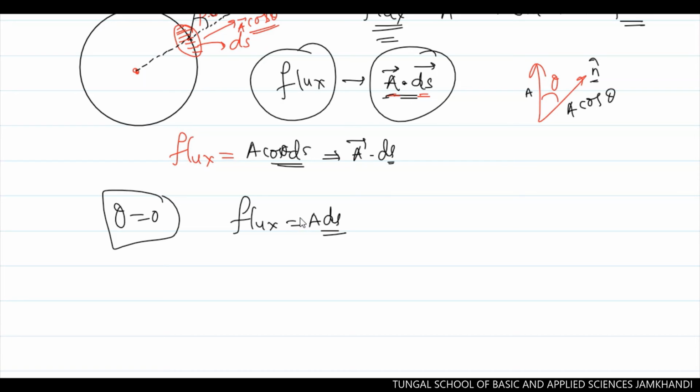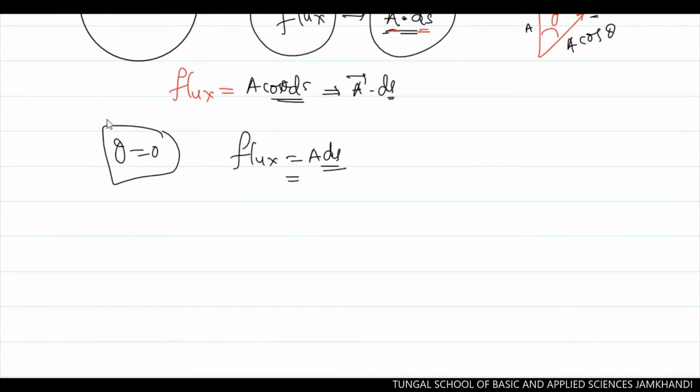Now the total flux of that particular physical quantity out of the whole surface is defined as follows. Now I have defined only a small area ds, which gives only a small flux.